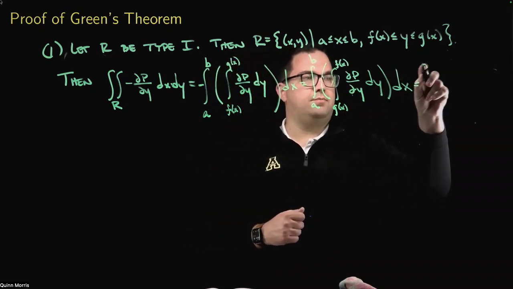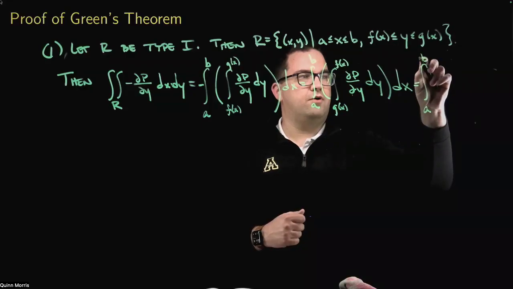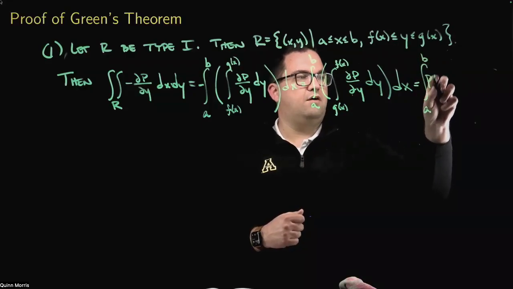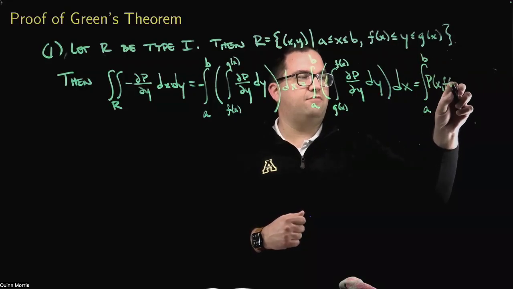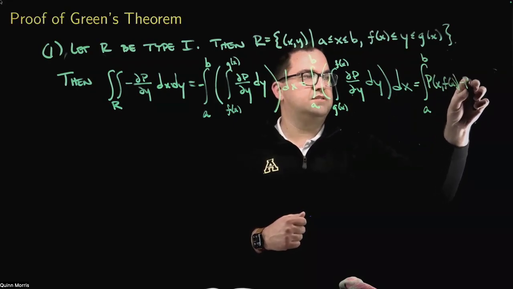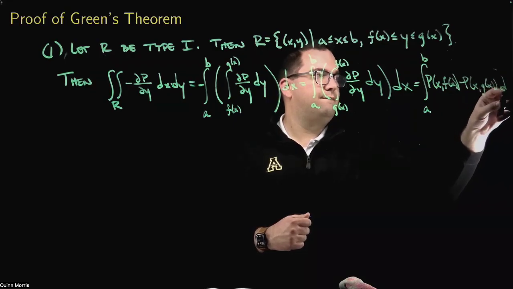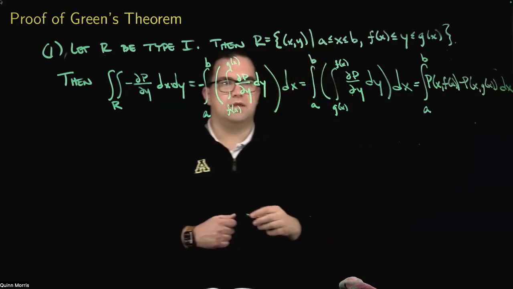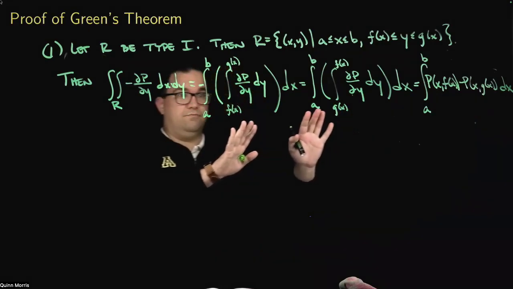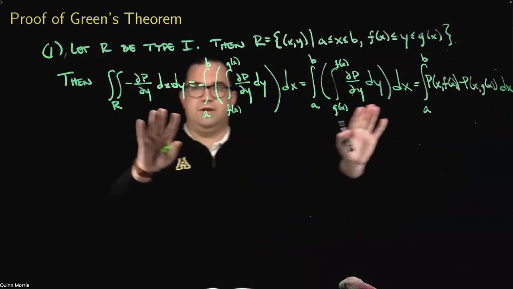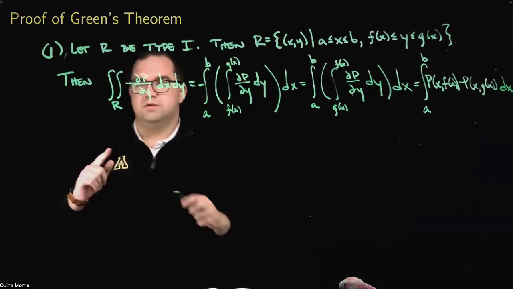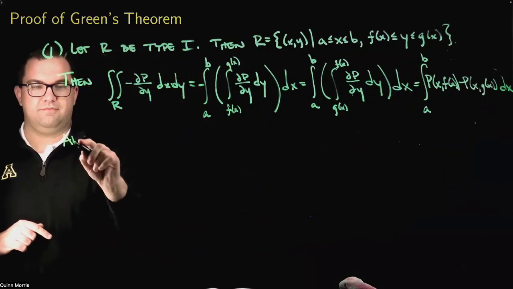So this comes out to be an integral from a to b of p of x comma f of x minus p of x comma g of x dx. And now I'm going to stop there for this particular integral. Also, let me look at the other side of this.